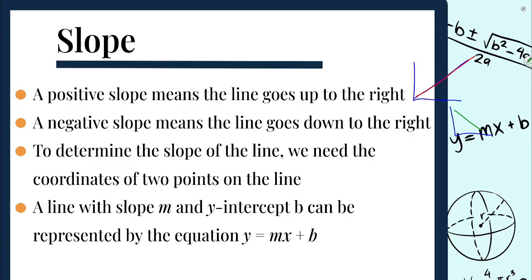To determine the slope of the line, we need the coordinates of 2 points on the line. That's how we can really tell what the slope is. Now, a line with slope m and y-intercept b can be represented by the equation y equals mx plus b.